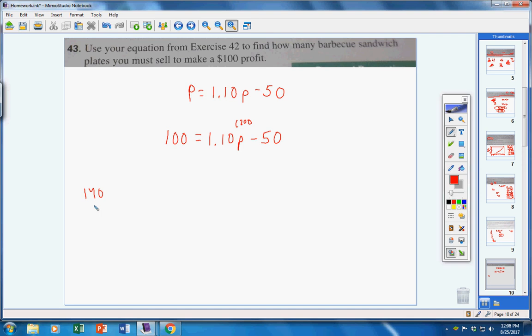So 136 times 1.1 minus 50 gives me $99.60. So I need to sell 137 plates. So there's my answer. I'm going to take 137 times 1.1 minus 50, and I'm going to get $100.70. So I need to sell approximately 137 sandwiches.